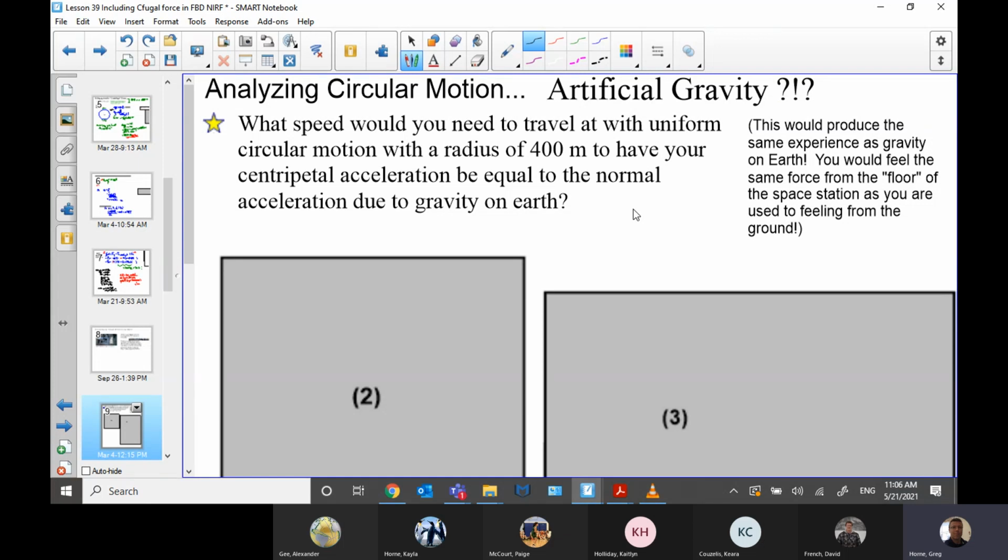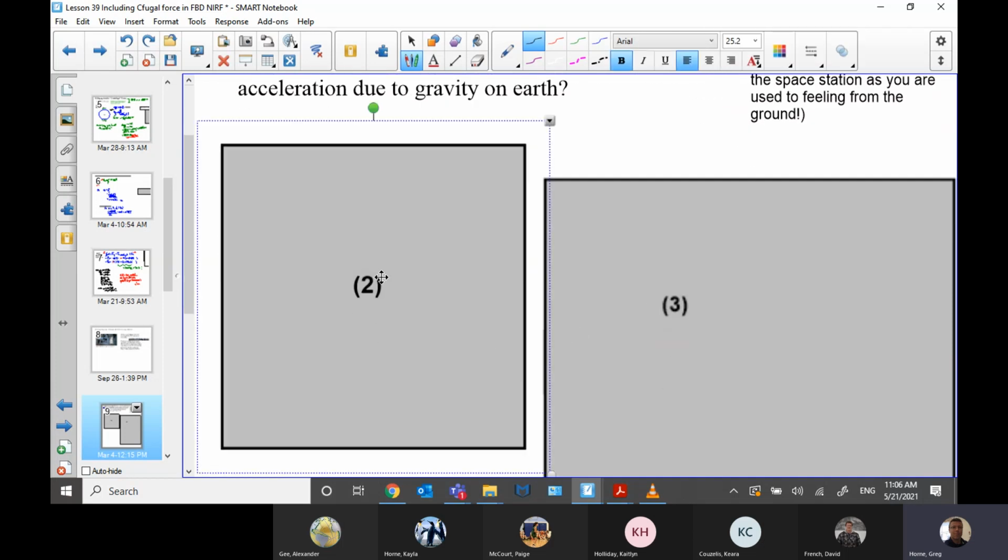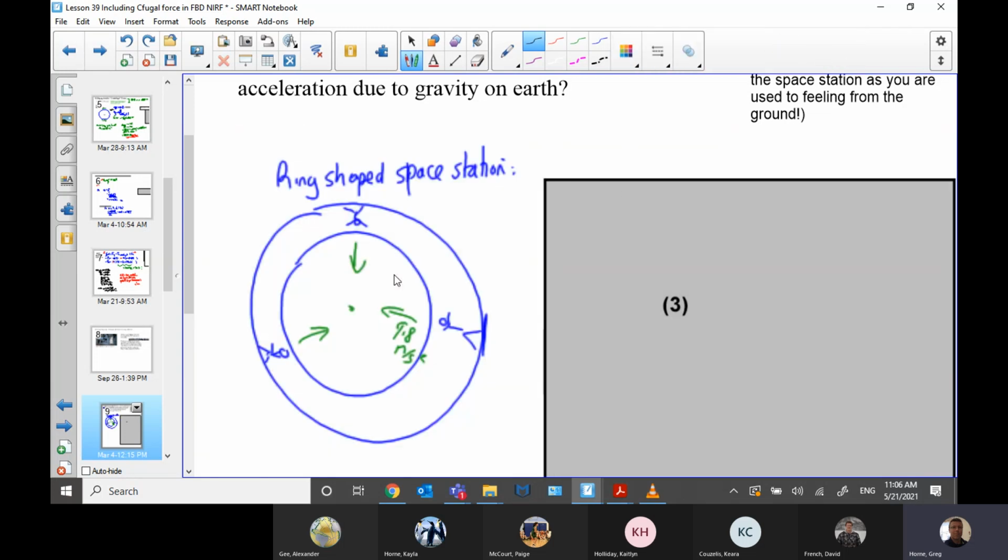If the centripetal acceleration were the same as 9.8, that would make you standing on the floor of the space station feel exactly the same as on Earth. You could probably get away with making it 75% of that, so it's enough that it keeps you working out, but maybe not so hard to spin so fast. The idea is you'd have this ring-shaped space station, rotating, and you'd have a centripetal acceleration towards the center, just like you feel right now due to gravity.